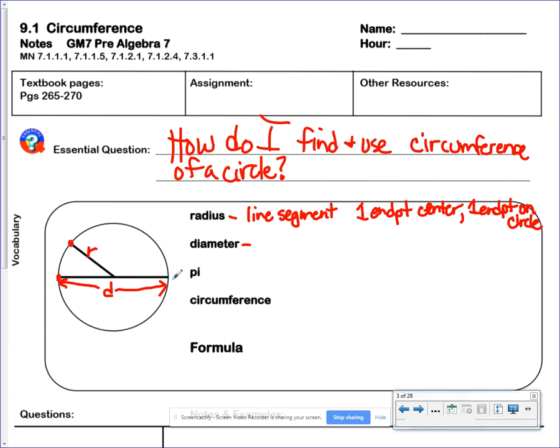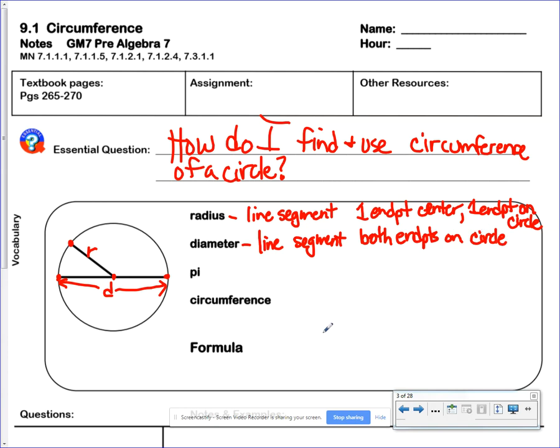I'm going to put a dot here and here. Now mathematically, the way I'm going to explain this: it's a line segment, and we can say both endpoints are on the circle.